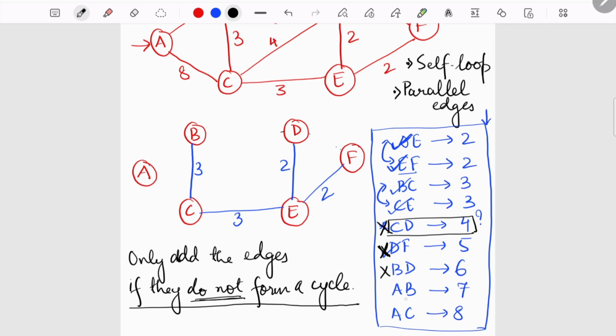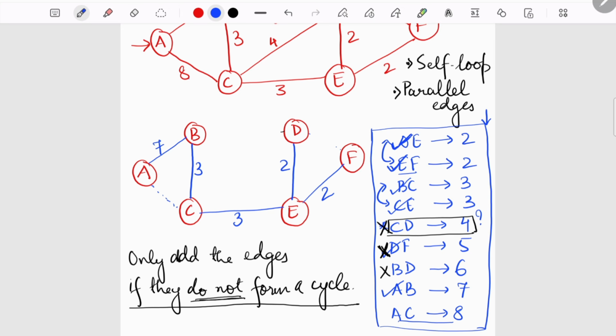After this, let's look at AB. Can we put AB here? Yes, we can put AB here because it is not forming a cycle. Okay. Now the last edge which is left is AC. Can we put AC here?